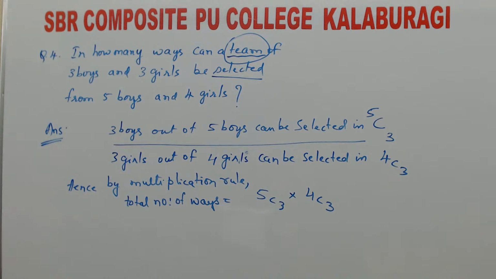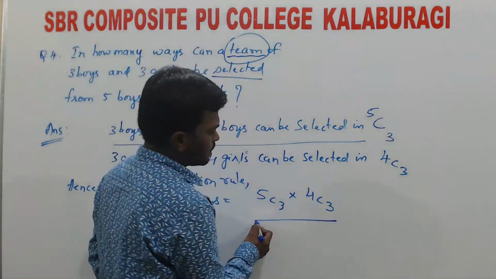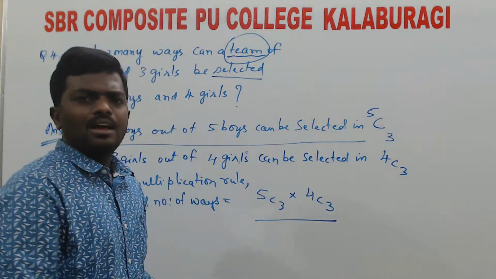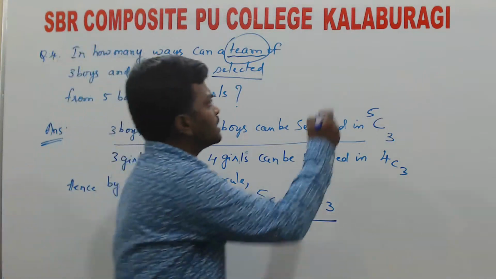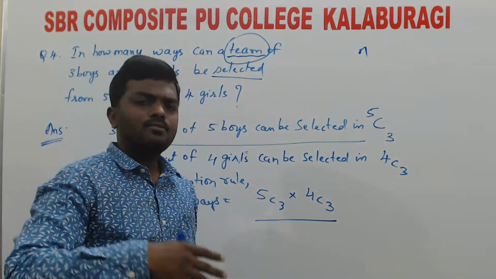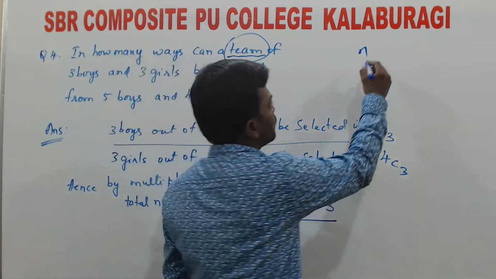So now just simplify, students, and you'll get the answer. When you solve this, definitely you'll get an answer. But is there any way we can reduce our simplification? I have told you, just learn these small tweaks which will help you in reducing your time. Or else directly you can use the nCr formula, n factorial by n minus r factorial into r factorial.